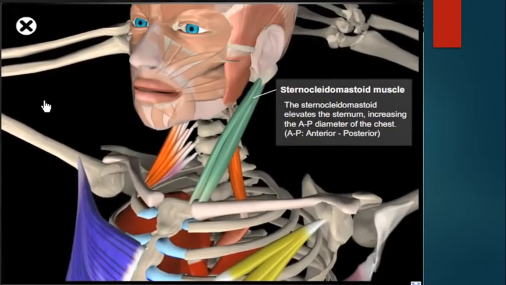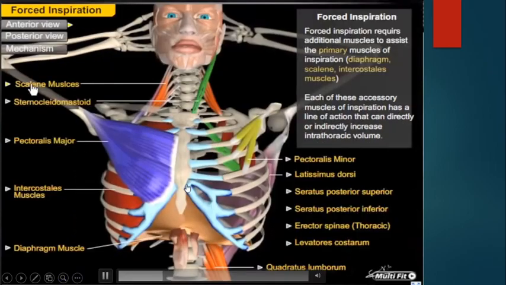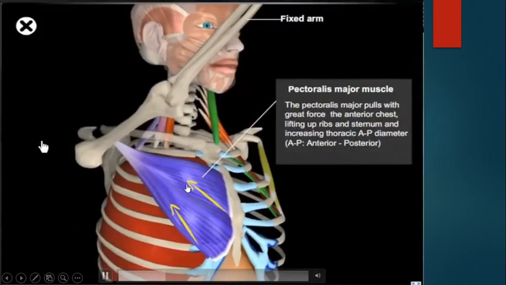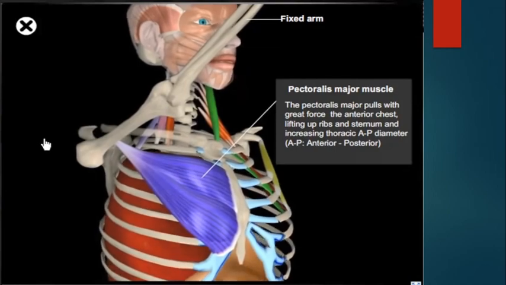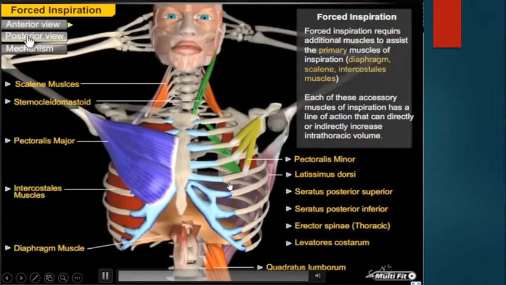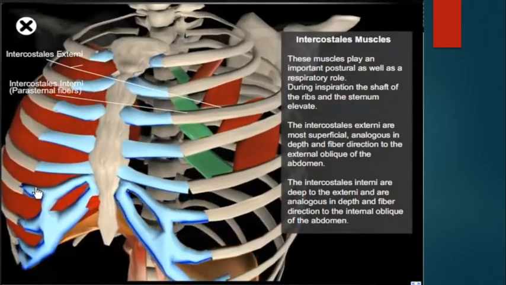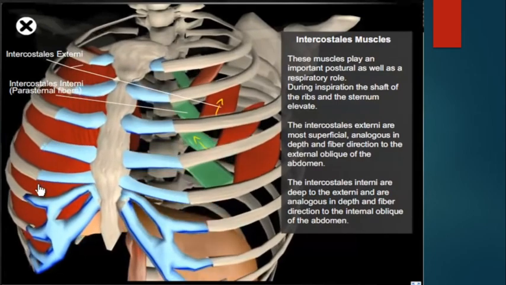Sternocleidomastoid muscles. Pectoralis major here. Intercostal muscles.